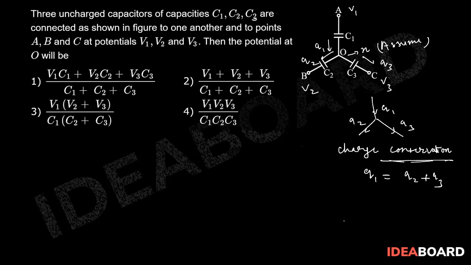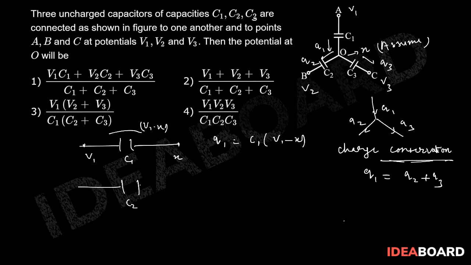This is our line 1 where C1 is the capacitance and this is the point A which has potential V1, this is O. So the potential difference between the two points is V1 minus X. So we can clearly write Q1 is equal to C1 into (V1 minus X). Similarly, this is C2, this is point B which has V2 potential, this is point O which has X potential.